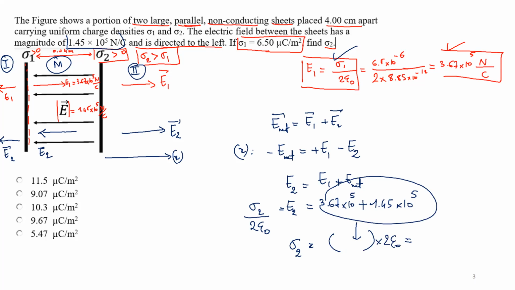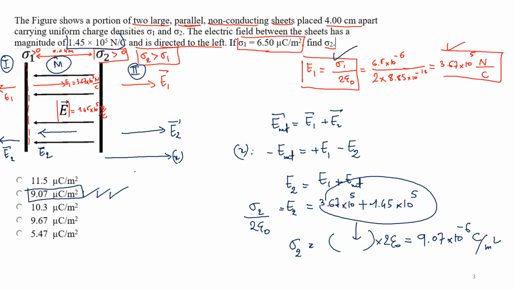And I calculate it, of course, I will get 9.07 10 to the power minus 6 Coulomb per meter square. So this gives you 9.07 microcoulomb per meter square, and this is the right answer here. So be very careful. Now we solve the problem, and you got your full mark, but don't stop here.